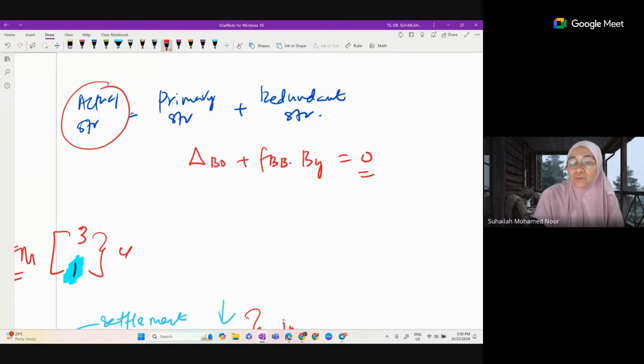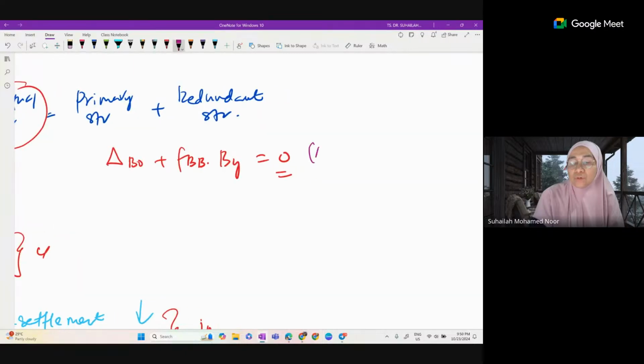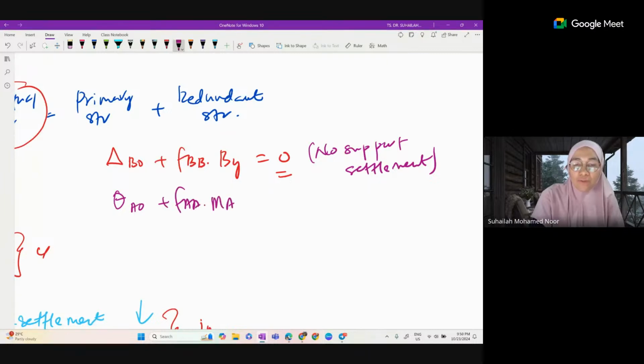This is equal to 0 when there is no support settlement. Same goes for theta: theta A naught plus F AA times M A is equal to 0 when there is no support settlement.